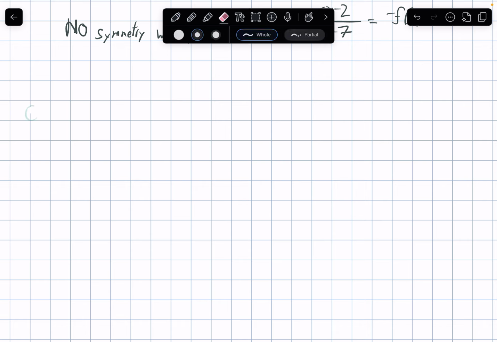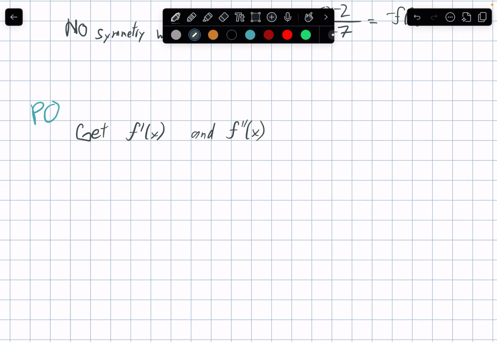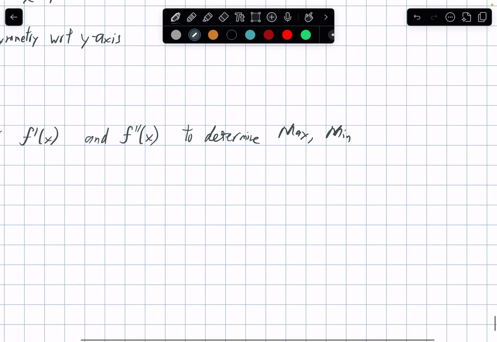For now, critical points. Basically for this part, you get the first derivative, or you can get the second derivative in order to determine maxima, minima, and possibly the point of inflection.